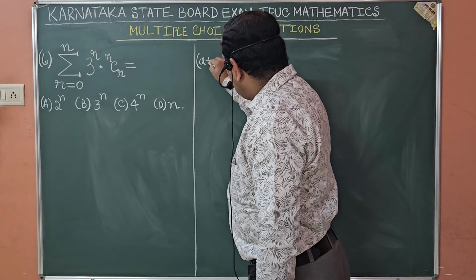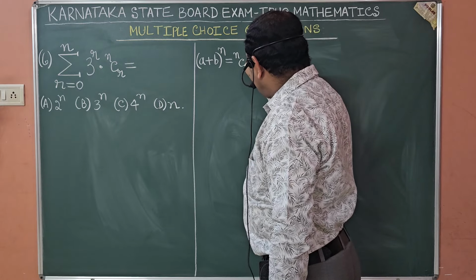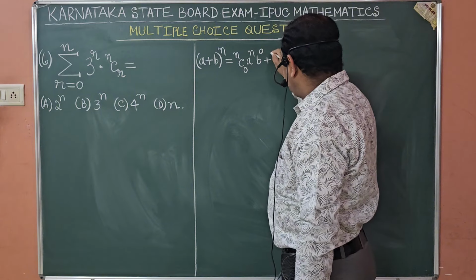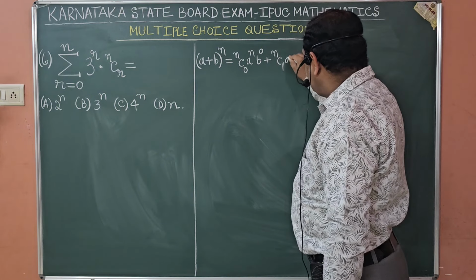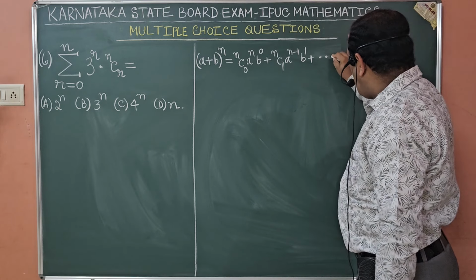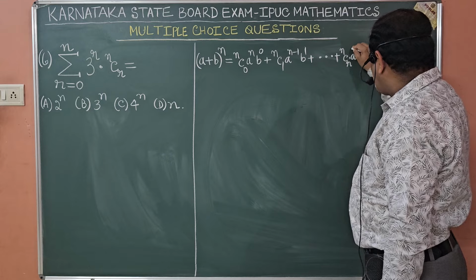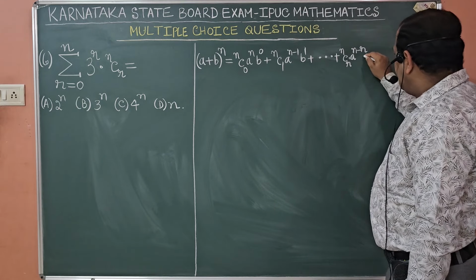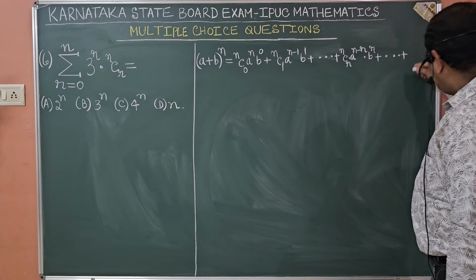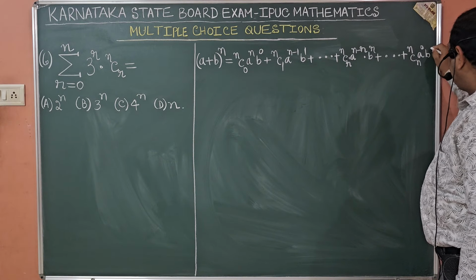One should know this properly. (a plus b) whole power n is nC0 a power n into b power 0, plus nC1 into a power n minus 1 into b power 1, plus so on, plus the (r plus 1)th term, or what we call the general term, is nCr a power n minus r into b power r, plus so on. The last term is nCn a power 0 b power n.